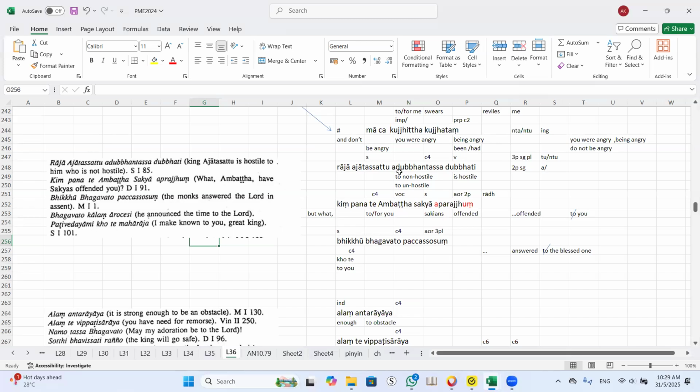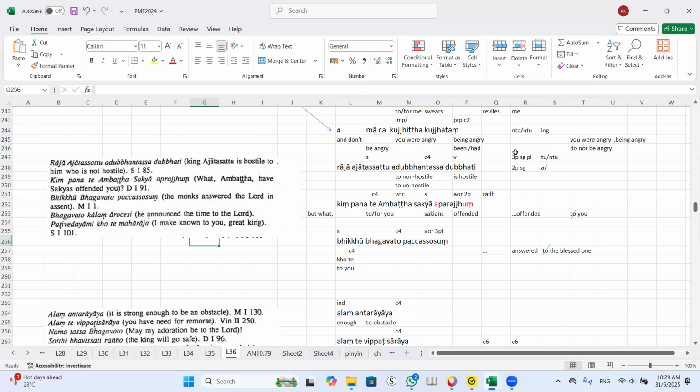So that is the word "na," and then "do" is another prefix of "no." So it's either unhostile or non-hostile. In this case, you see the word hostile and non-hostile.